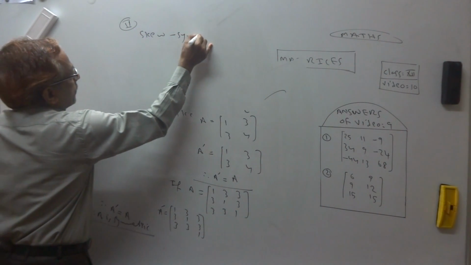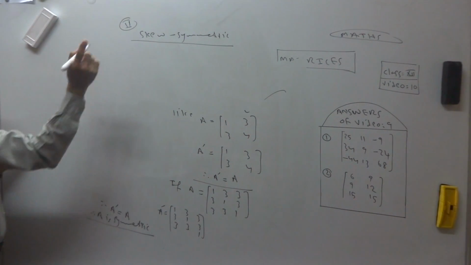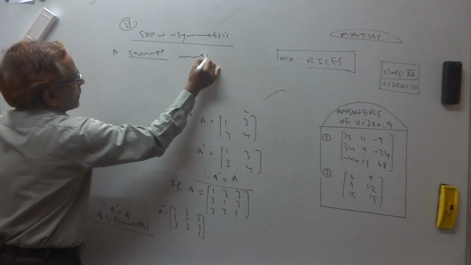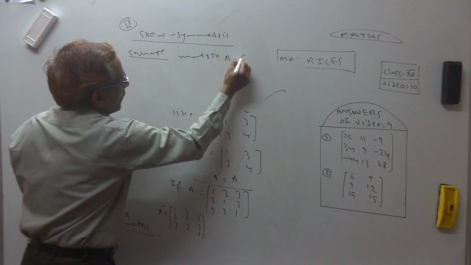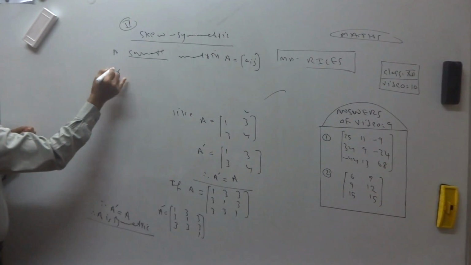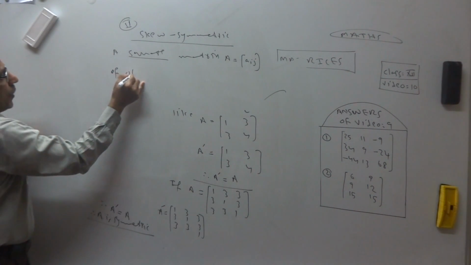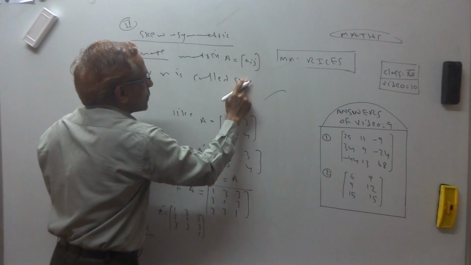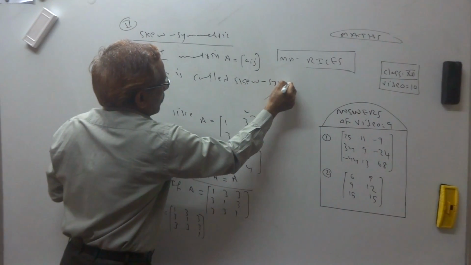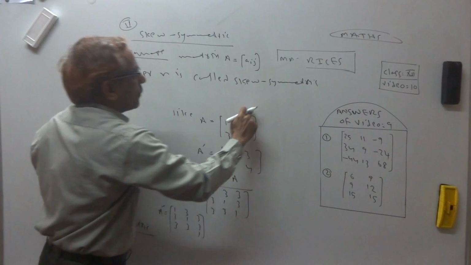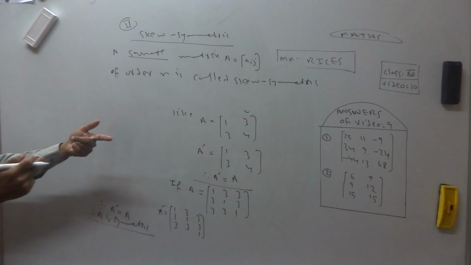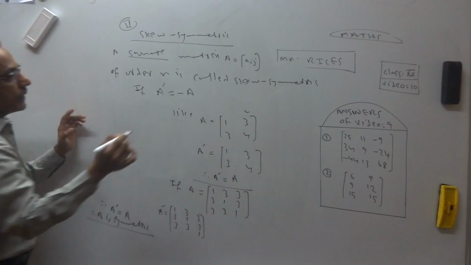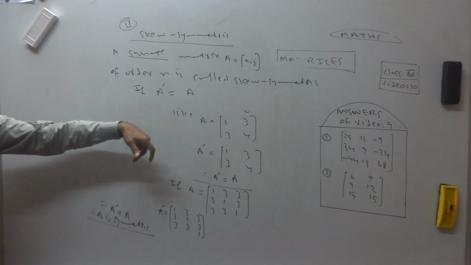Now see, the second definition is skew symmetric. Yes, a square matrix, again same thing, again a square matrix, A equal to Aij of order n, is called skew symmetric if A transpose is minus A. If A transpose is A, symmetric.